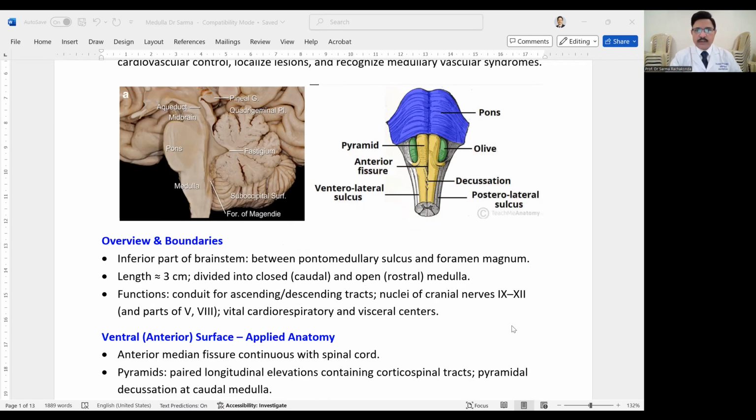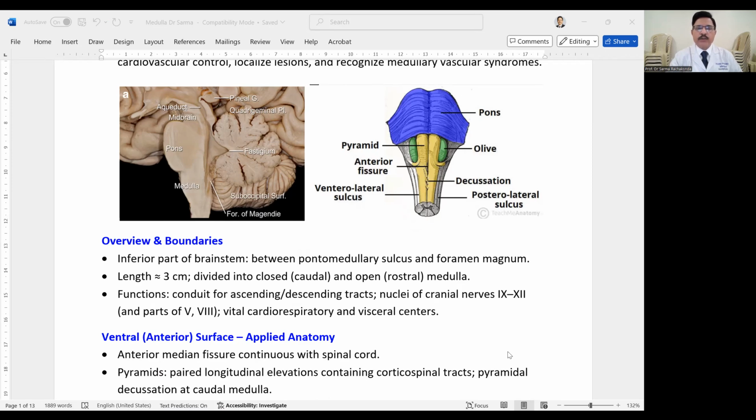What is the length of this particular segment? This is around 3 centimeters in length, divided into two parts. One part is the caudal part, or the lower part. The other part is called the rostral part. Rostrum means head. So between the two, the lower part is called the caudal part and the upper part is called the rostral part.